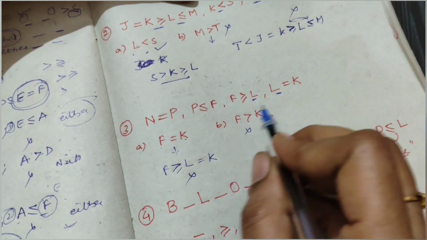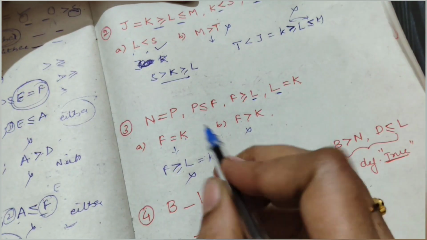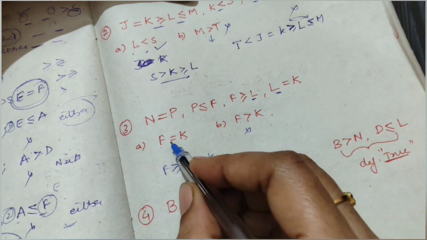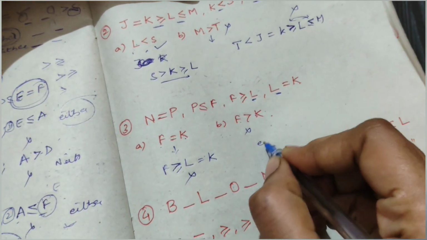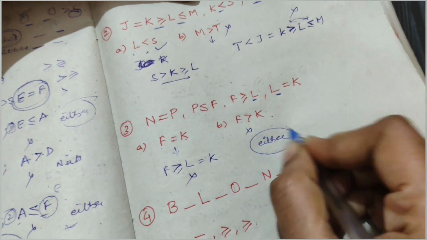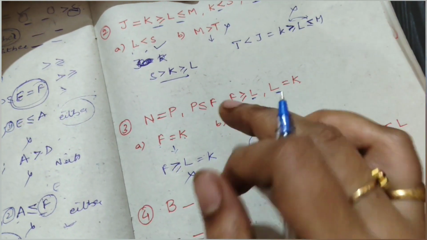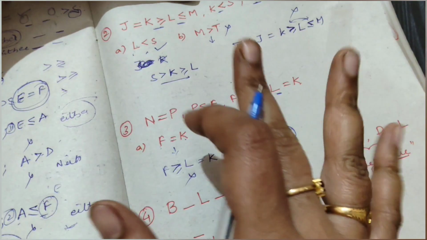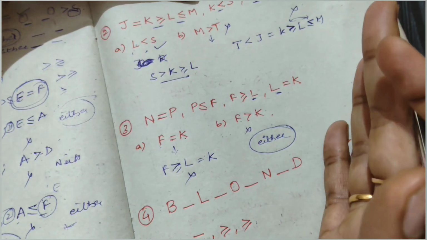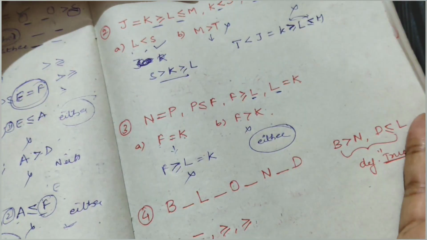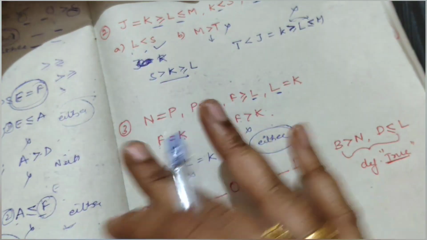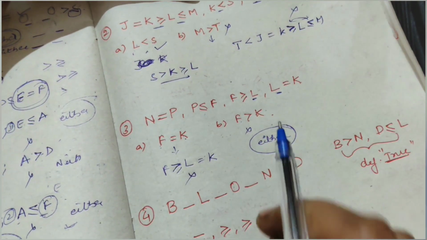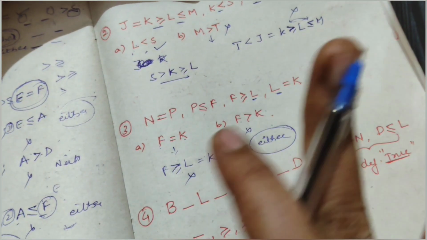Now whether it is either or neither: both the letters are the same and one equal to symbol is there, so it is an either case. As I said yesterday, if the elements are different, then it is the neither case, where both are false. But if you find similar elements with one equal to symbol, then it is the either case.